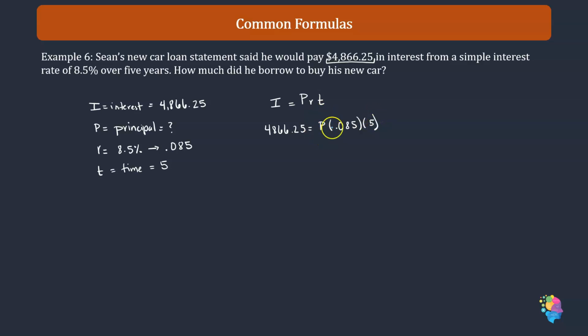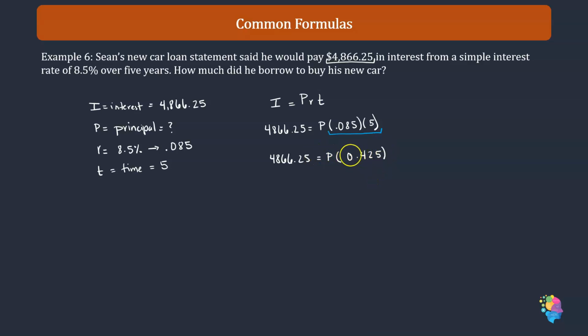Before solving for P, I can simplify the right side expression by multiplying 0.085 times 5. So this is 4,866 with 25 cents. And then this on the right side is P times, well, these two multiplied is 0.425. Perfect. One more step.